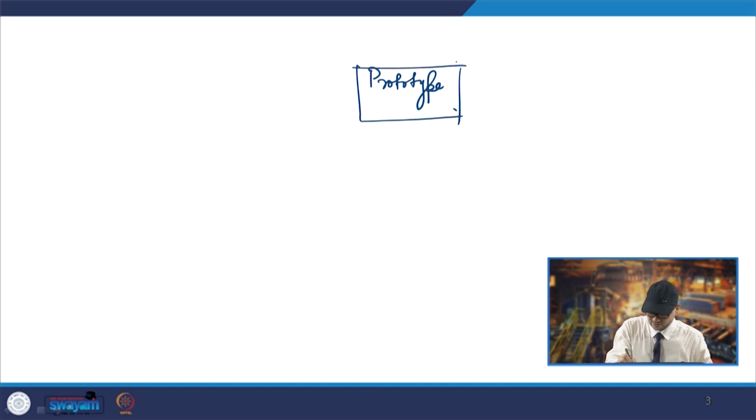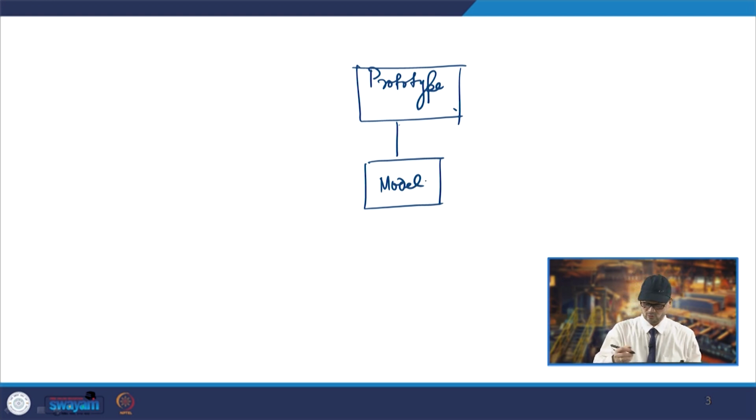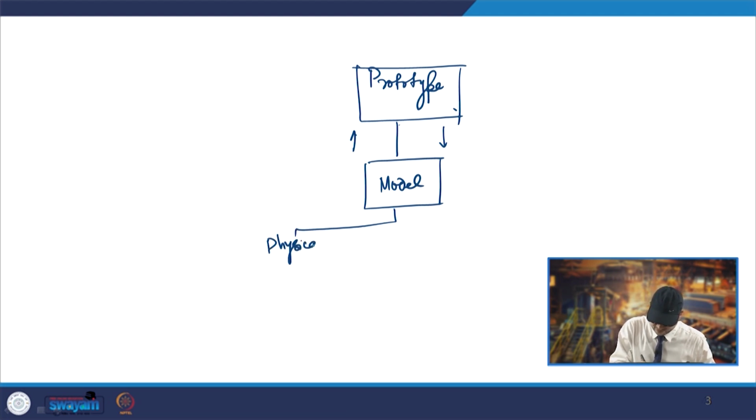actual size. From this you will make a model, and that model may be made by scaling up or by scaling down. That way a model is made. This model is further either a physical model or a mathematical model.